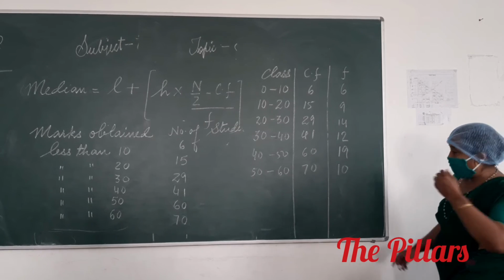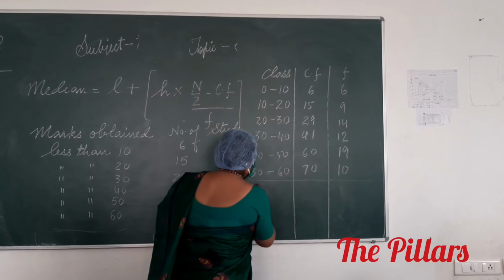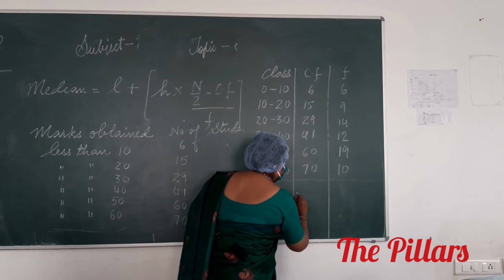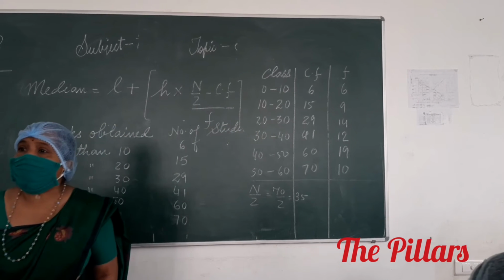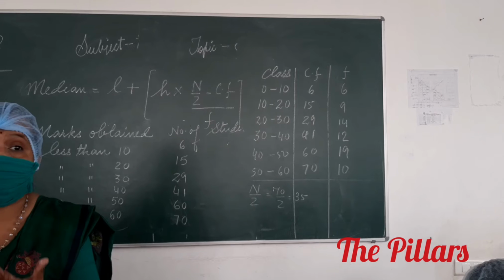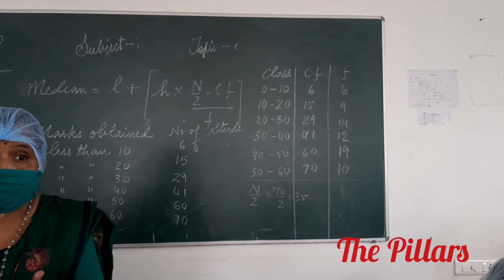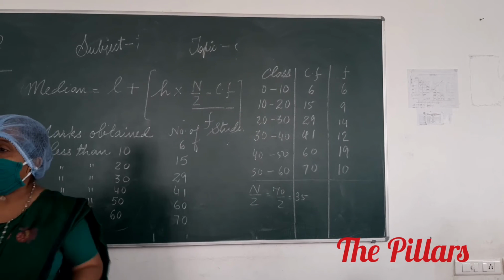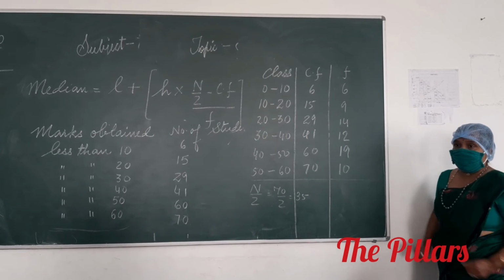Find out N by 2. That should be written below the table. N by 2 is what? 70 by 2, that is equal to 35. Which class are we going to choose? More than 35. Under which column, Atul? Cumulative frequency. Shanvi, tell me, which one should I choose?